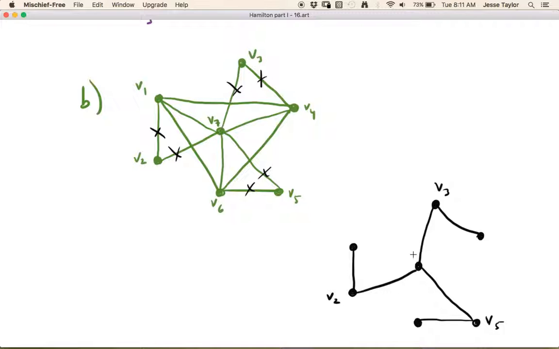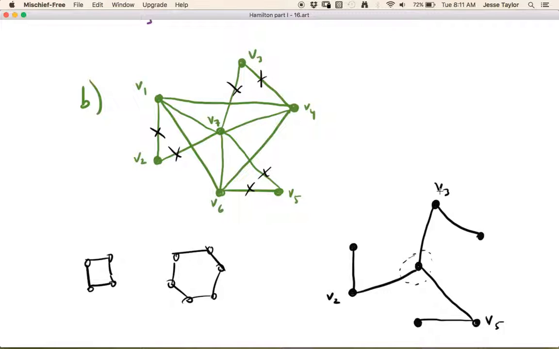No, there isn't, because we've already got a vertex of degree 3. If you want a cycle, you can imagine it looking something like this, a 6 cycle or a 4 cycle. All the vertices in a graph like this are only going to have degree 2. Every vertex has exactly degree 2 in a cycle. So this is never going to have a cycle.